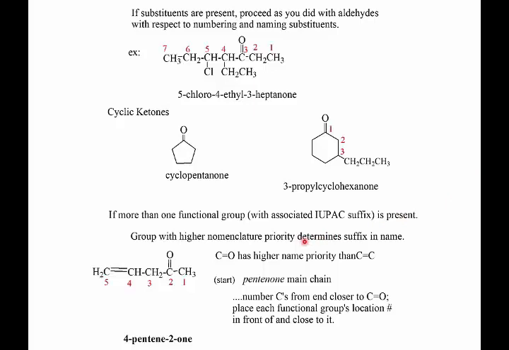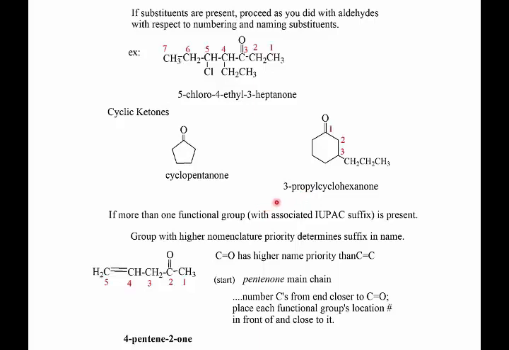Okay. Now, you have learned, hopefully, how to name a number of different functional groups: alcohols, aldehydes, ketones, haloalkanes, and so forth. You can understand that you could have a compound that, let's say, has 2 functional groups in it.